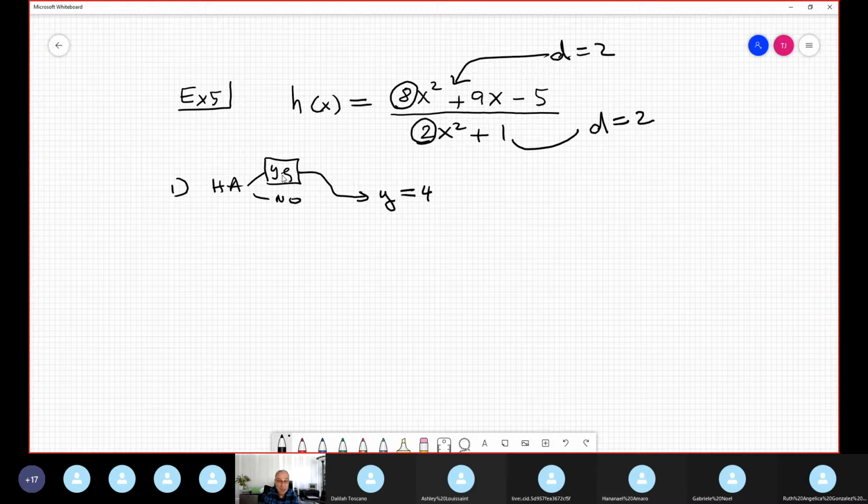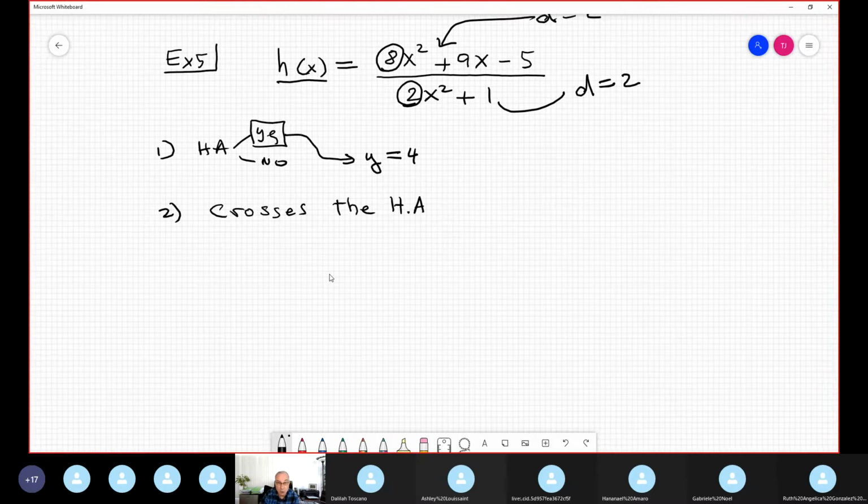Super. Now I introduce a new idea. The second step, always mandatory when you analyze the horizontal asymptote, is to investigate if my function crosses the horizontal asymptote or not. Sometimes it happens, sometimes not. So now I need to find out if my curve crosses the horizontal asymptote.